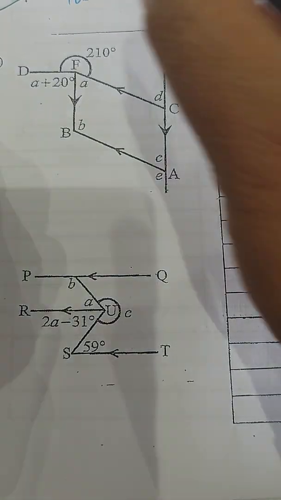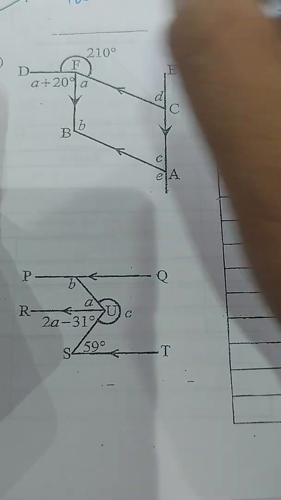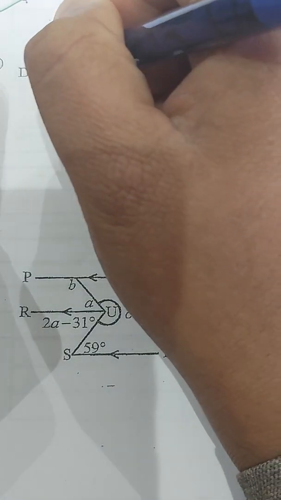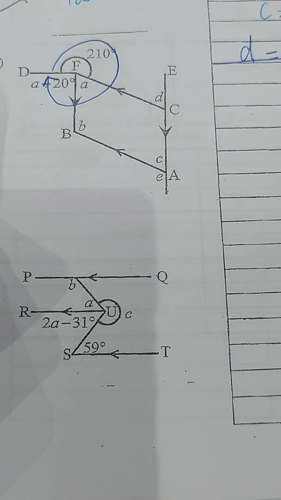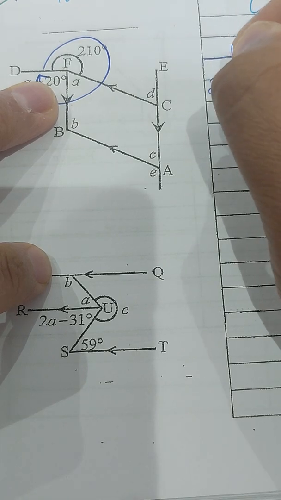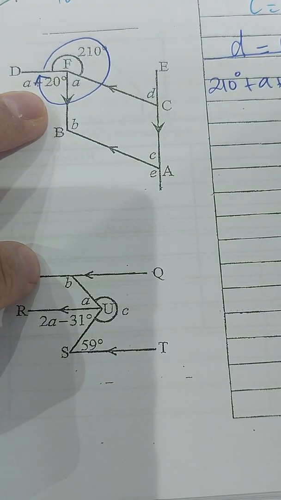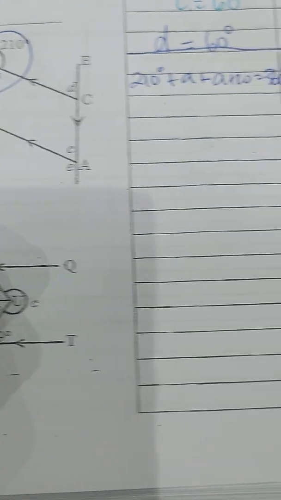Okay, now we're looking at the S. There's all your A's around that point there. So we're going to go with the angles around the point, or revolution. So we're going to say 210 degrees plus A plus 20 is equal to 360 degrees. Okay, revolution.